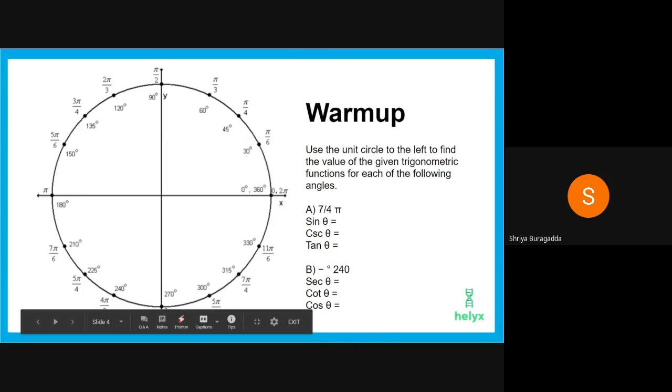And for part B, remember that cot is cotangent, so 1 over tangent, and then secant is 1 over cosine.